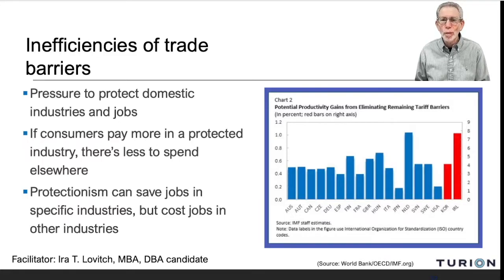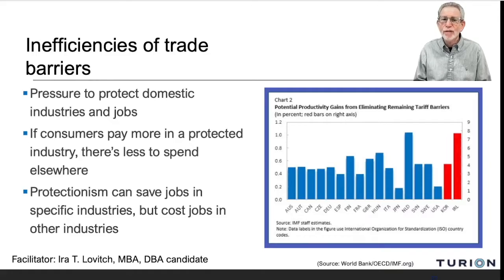So again, globally, even nationally, it can be computed, as you can notice in the productivity gains from reducing tariff barriers in this particular chart, that overall reducing barriers to trade is good for the planet overall and for most nations overall. But what can protectionism accomplish?